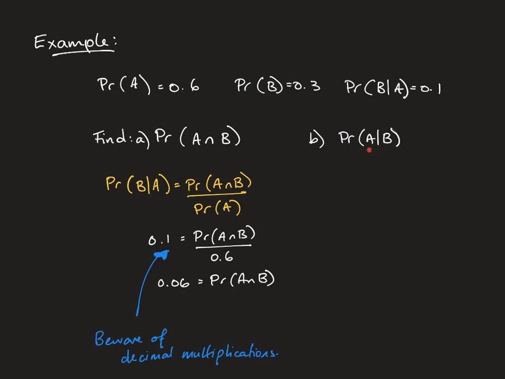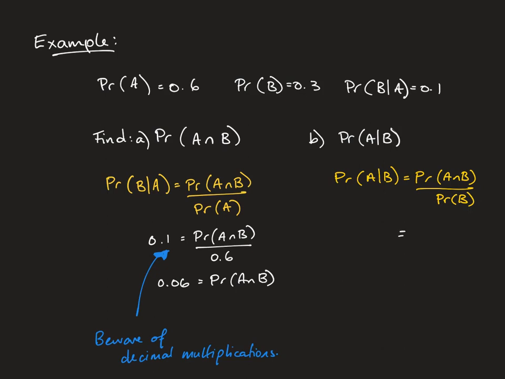And finally, we're asked to find the probability of A given B, which is this one. And we actually need to use the formula for it. It's not the inverse. So make sure that you write it out and substitute in the values that you just found. So A intersect B over the probability of B, which we have up above in our question.